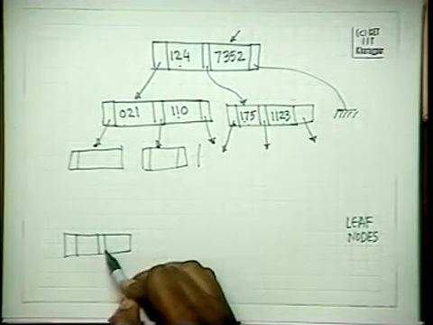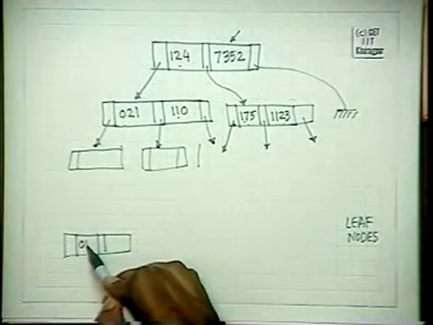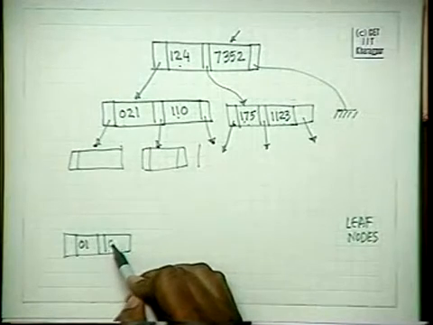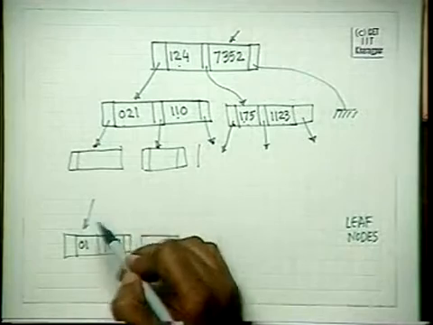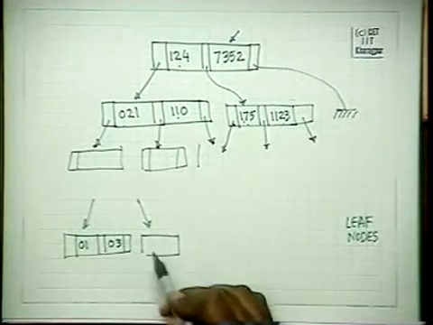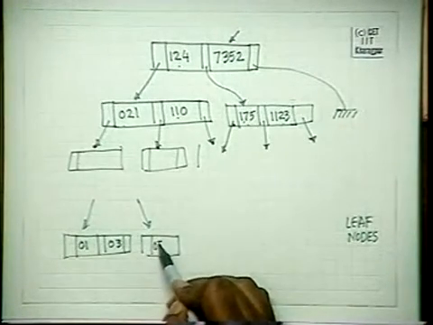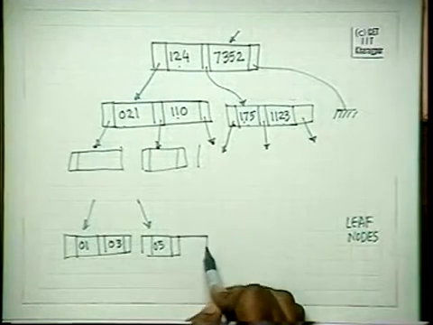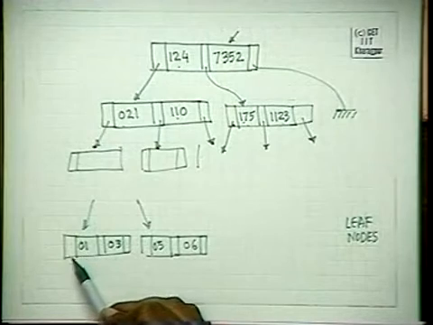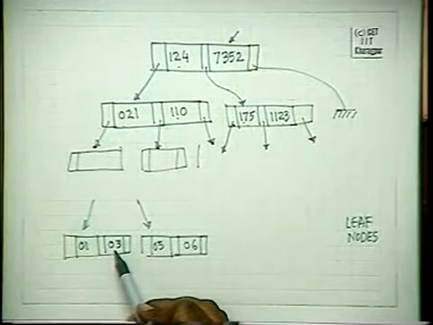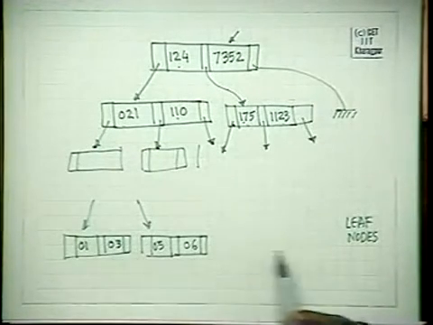Then in the dense indexing, suppose we have 0, 1, 0, 3. Somebody will point here, somebody will point here. Dense means this points to 0, 1, this is 0, 3, and this is the last level.